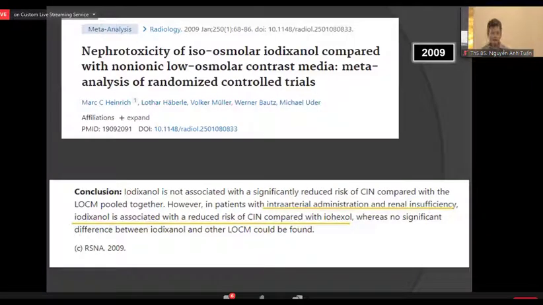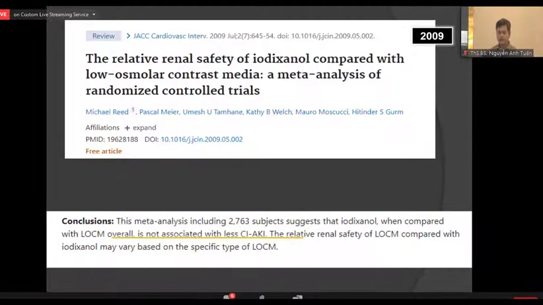Tiếp theo 2009 có những nghiên cứu về meta-analysis, tổng quan nhiều công trình nghiên cứu về RCT thì cho thấy cái gì? Cũng cho thấy áp lực thẩm thấu đồng áp lực thẩm thấu trội hơn áp lực thẩm thấu thấp khi tác động lên tổn thương của thận.